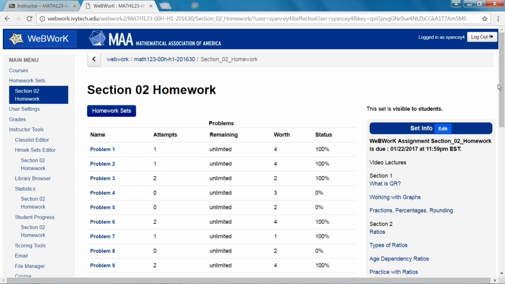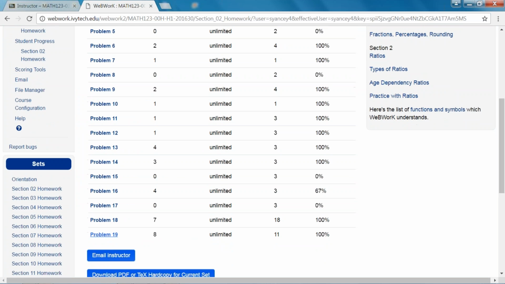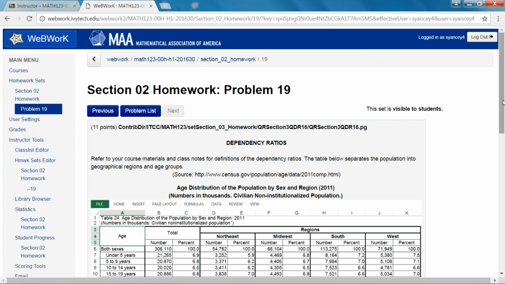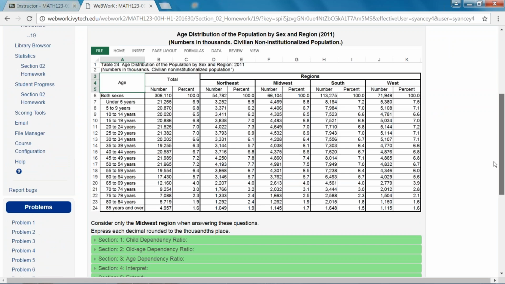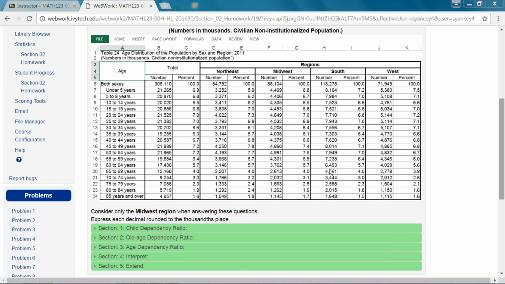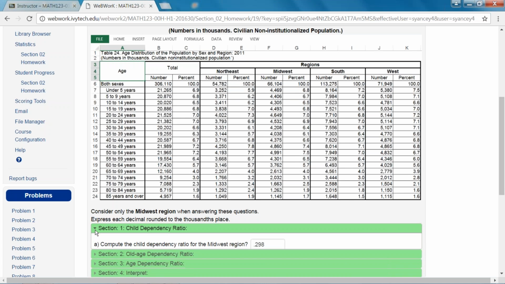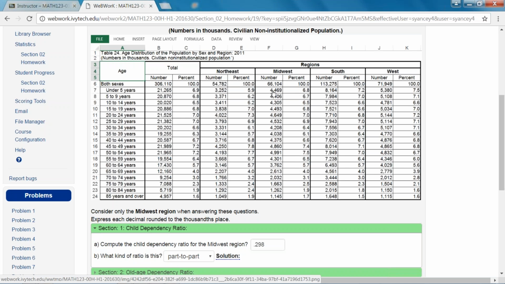You are absolutely correct. So you have to add those values. And I'm going to this one because I've already added the values. So what we would be adding right now is the under 5, 5 to 9, and 10 to 14. And when I add those, I get 13,180.